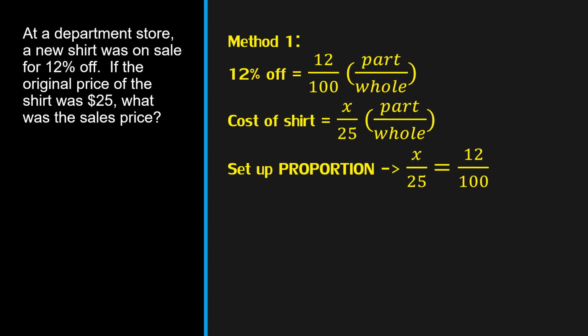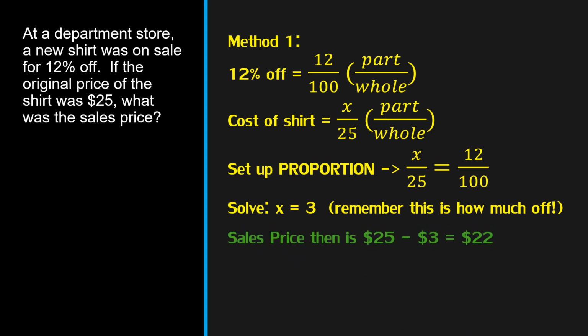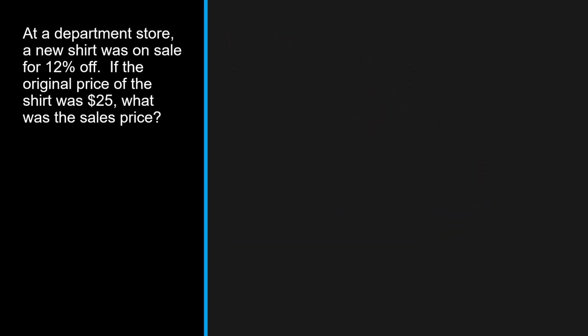I have my two fractions, 12 over 100 and x over 25, and I'm going to solve this. Remember, y'all, this is cross multiplication. So I ended up getting x is equal to 3. Don't forget, again, y'all, this is how much off. So if my original price was $25, and I figured out it's $3 off, y'all, that means the price I'm going to pay is just $22.